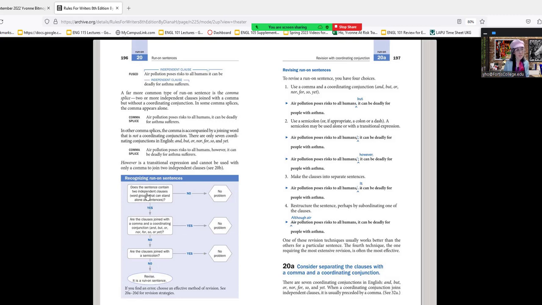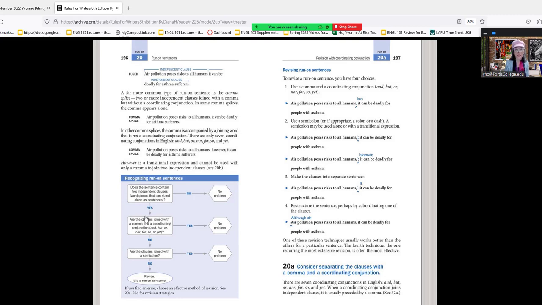Does the sentence contain two independent clauses that can stand alone? No. No problem. Are the clauses joined with a comma and a coordinating conjunction? Yes. Then no problem. Are they joined with a semicolon? Yes. No problem. So you can use this flowchart to recognize a run-on sentence.